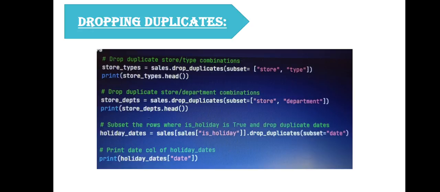First we will see store type combination, then store department combination, then subset the rows where is_holiday is true and drop duplicate dates. Holiday_dates is equal to sales with is_holiday, drop_duplicates with subset equal to date, then print the date column of holiday_dates, simply type print holiday_dates['date'].